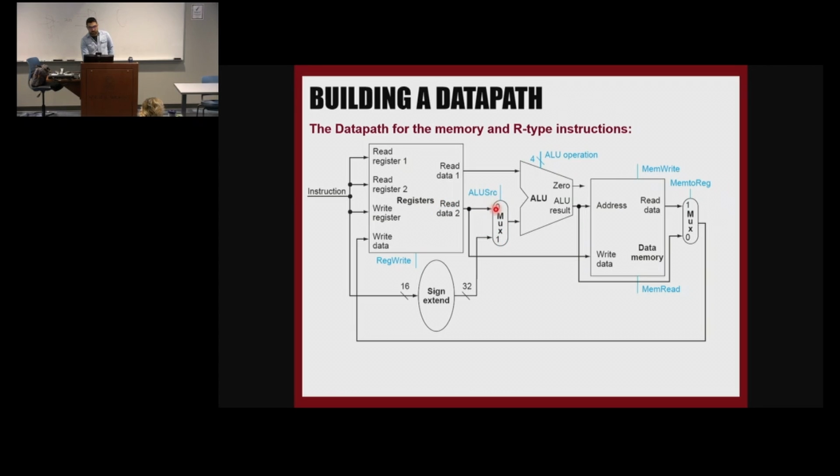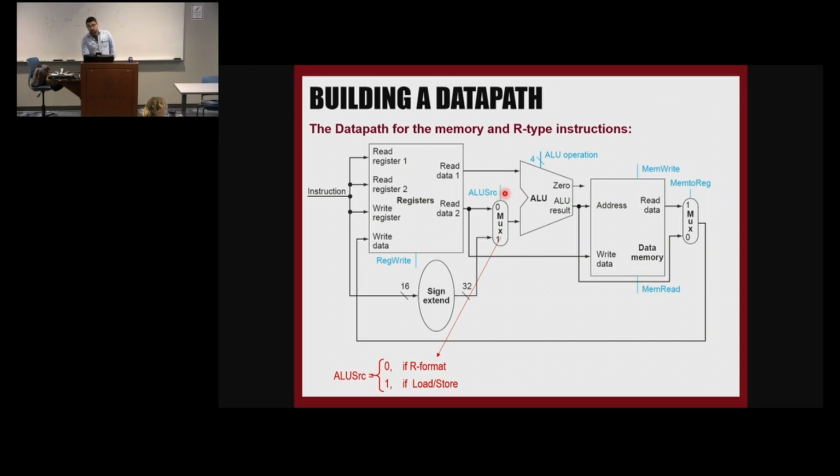This multiplexer chooses whether the second input of the ALU is coming from the sign-extended instruction part, or it's coming from the register file. If it's an R-type instruction, it is coming from the register file. If it's an I-type instruction like load word and store word, it's coming from the instruction. It's going to be sign extended, and the input goes here.